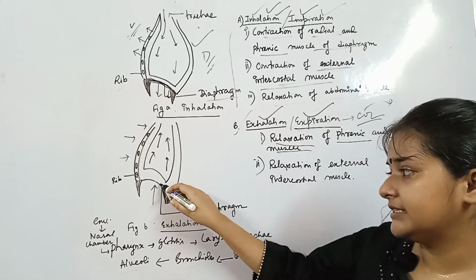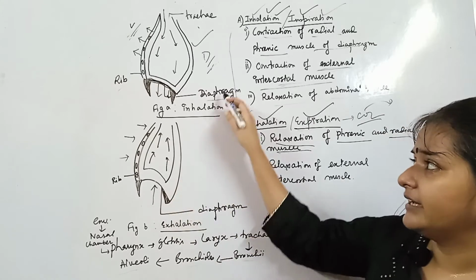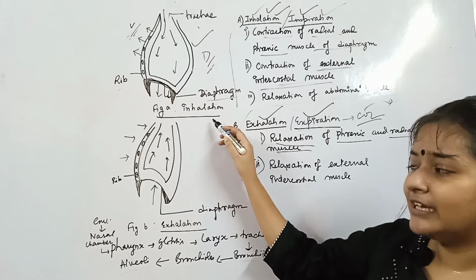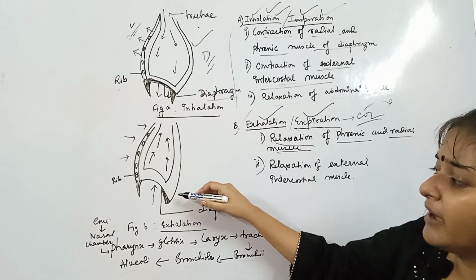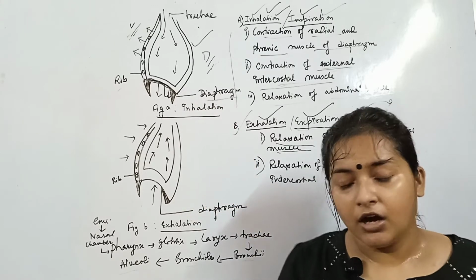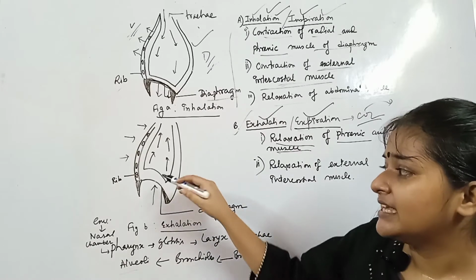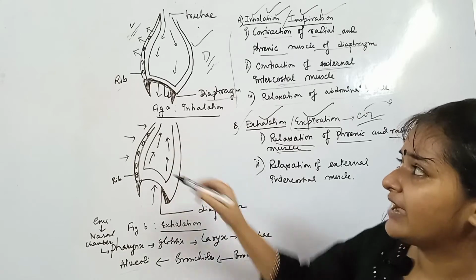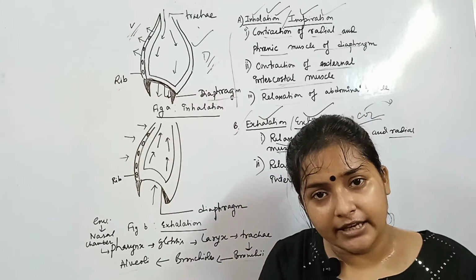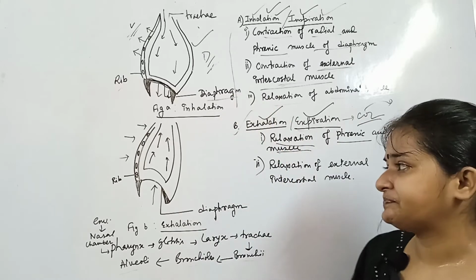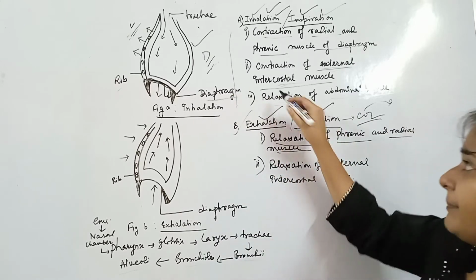See in this diagram, the diaphragm got flattened during inhalation. Here the diaphragm goes back to its original position. Okay, and when the diaphragm goes back to its original position, the thoracic cavity gets back into its original position, which was smaller than before. And next, what happened?